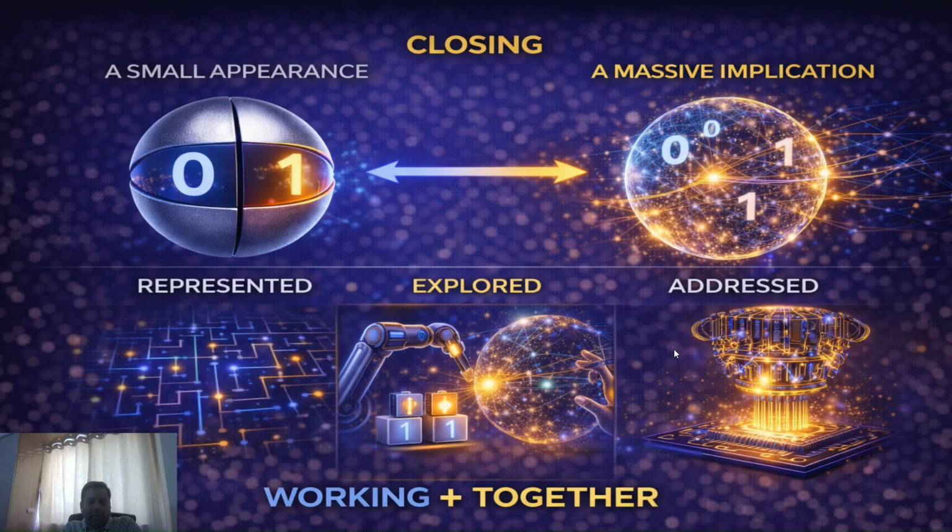Now let us close this video with a deeper thought. Reflect on it till the next video comes, so that it becomes very easy for you. The difference between a bit and a qubit is very small in appearance and thin, but massive in implication.